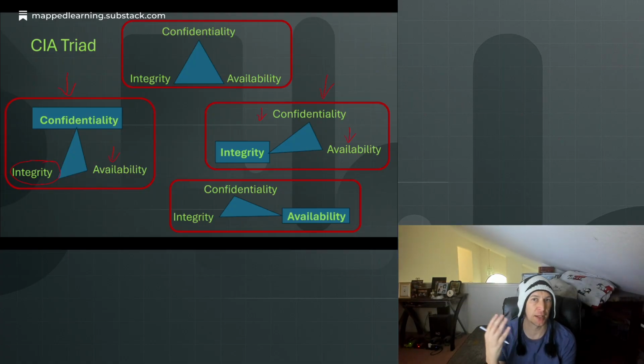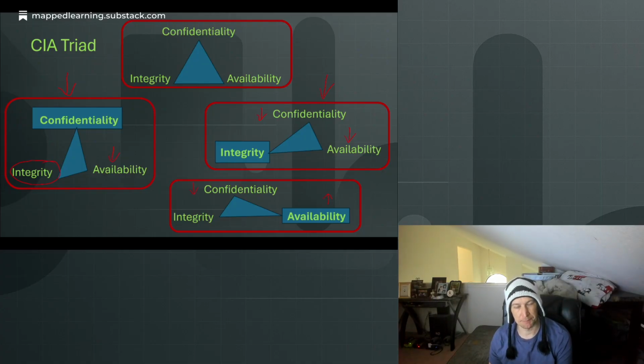So if you try to get to a website and the site's down, the availability isn't there. So if you increase the amount of availability, depending on the amount that you increase it by, you are going to lower the confidentiality. And let me give you an example.